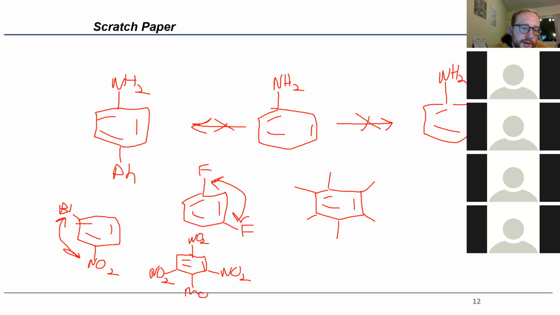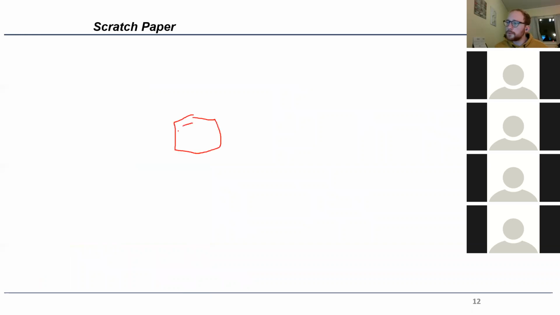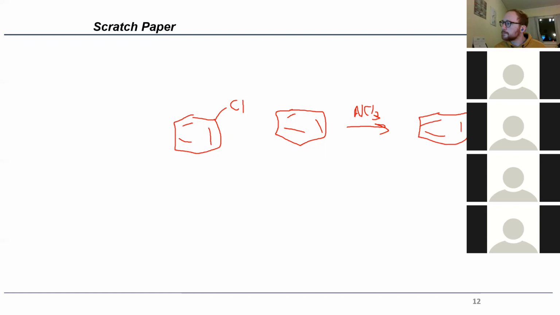Why does an aromatic ring with a chloride not work with Friedel-Crafts to add a benzene? Yeah, so that's a pretty important question. So someone asked, why can't I do this reaction? This reaction does not work.